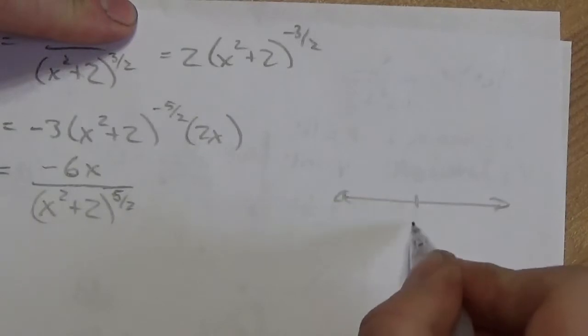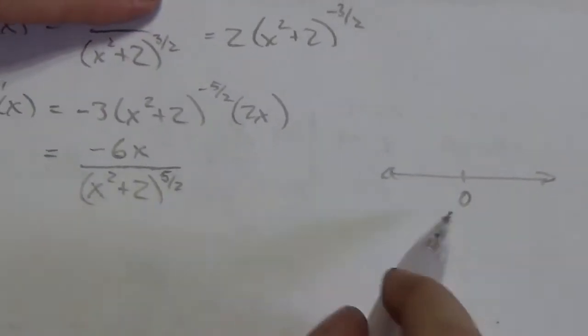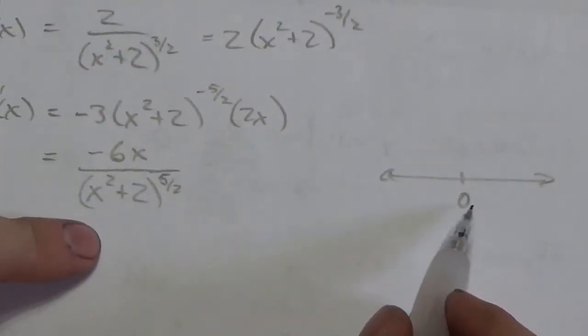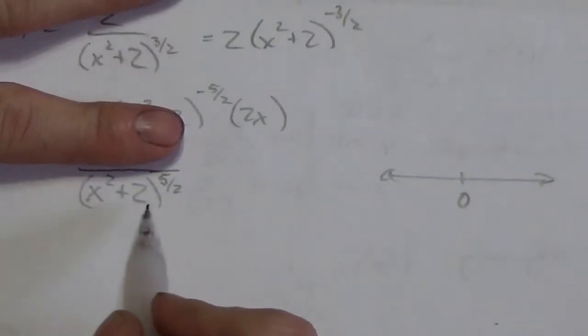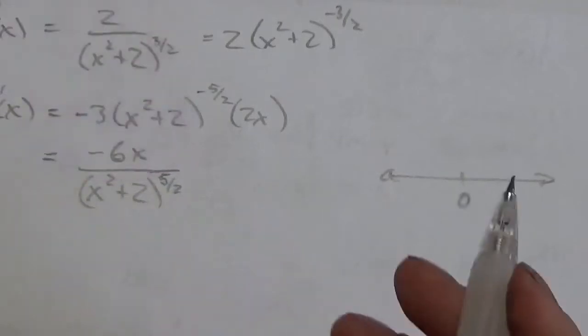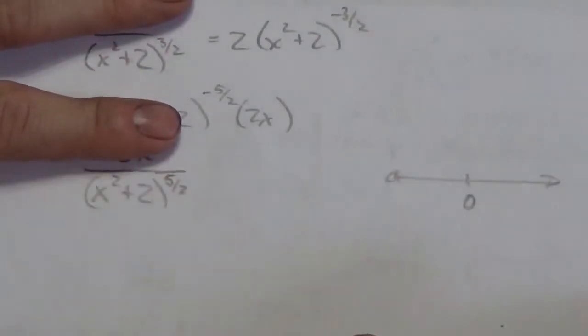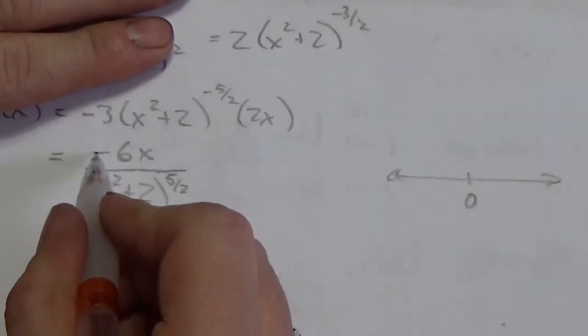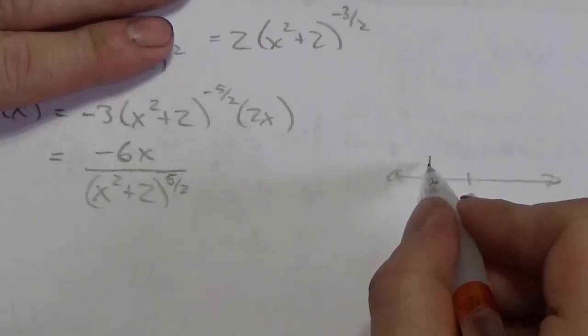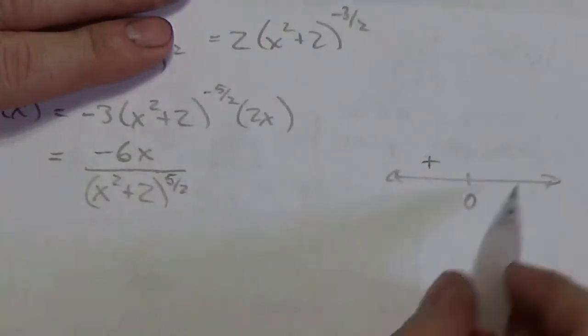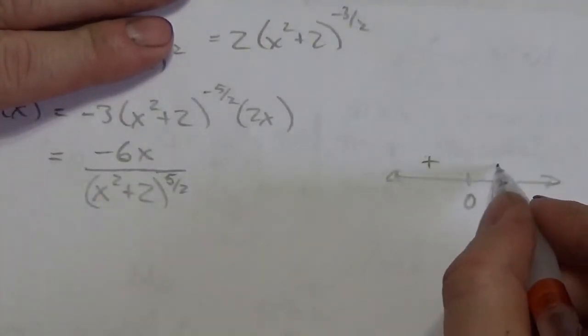So this actually makes things a little bit easier. If I plug in a negative value squared, just look at the denominator, negative value squared plus 2 to the 5 halves, the denominator will always be positive no matter what I plug in. So it's really just the numerator that's the issue, and if you plug a negative into that, the numerator becomes positive. If you plug a positive into the whole thing, the numerator becomes negative.